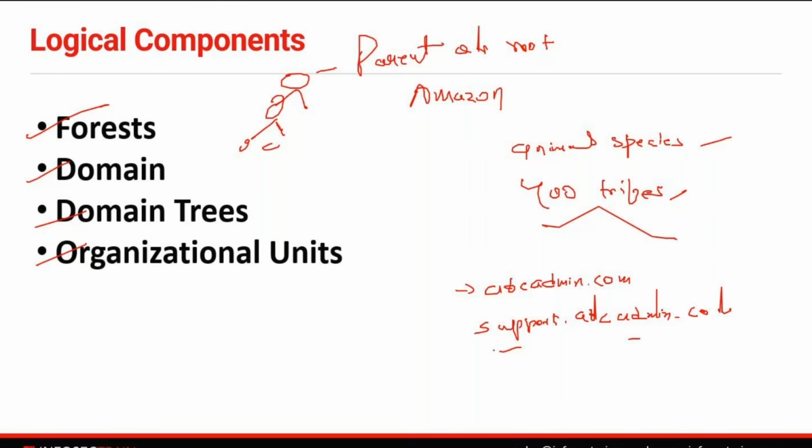Isn't there a better way to group these objects? That's where organizational units come into the picture, right? Organizational units help to group objects on a smaller scale within the domain. The most common way is to group objects that have similar security requirements.